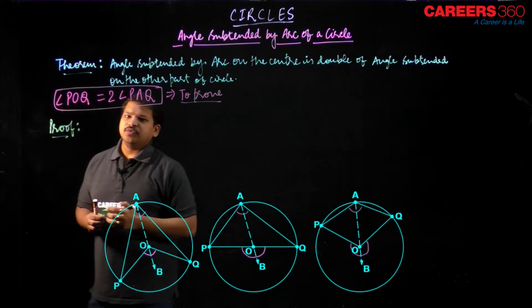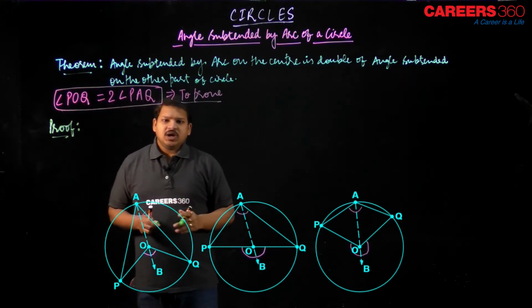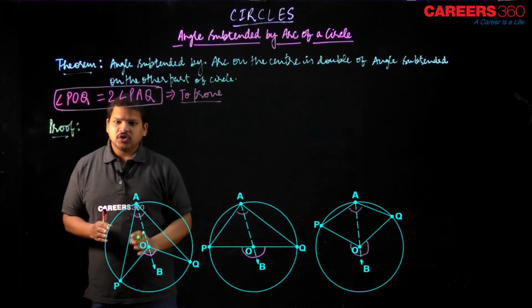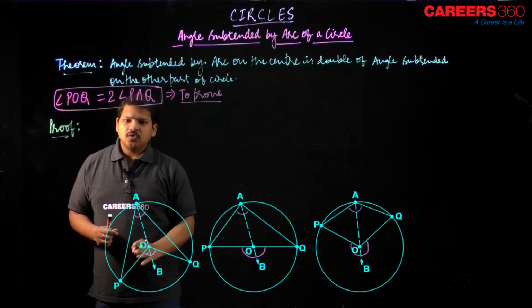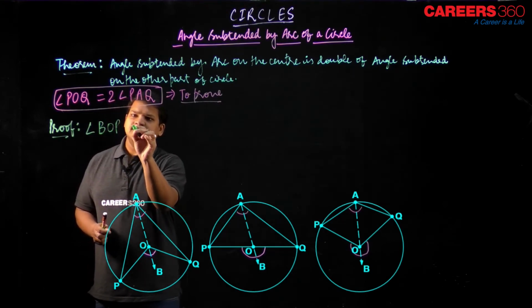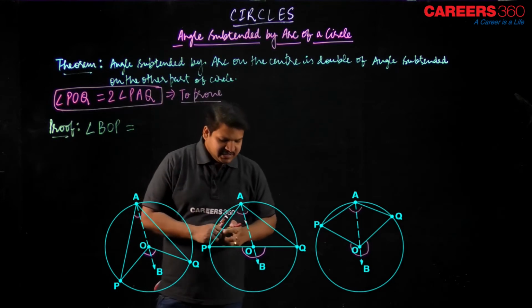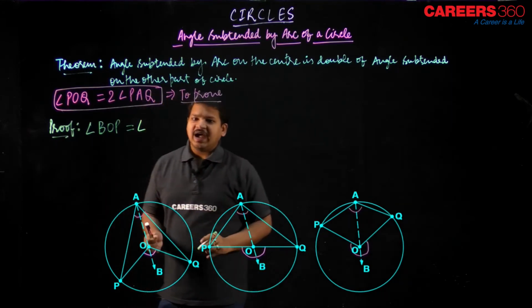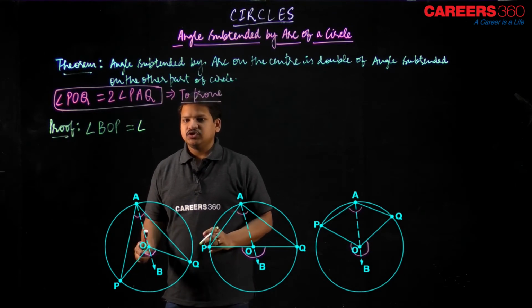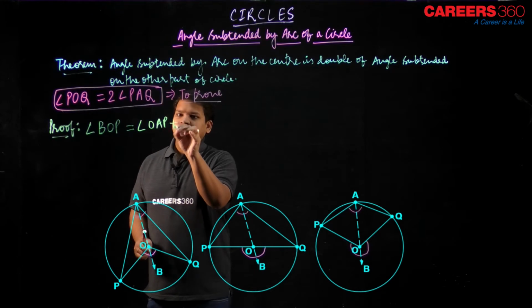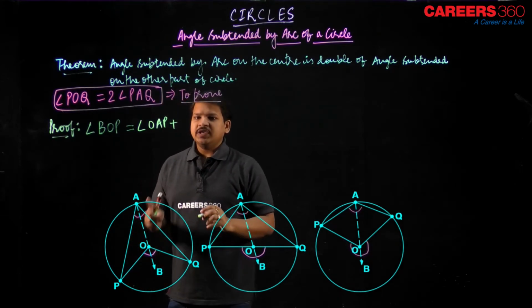In order to prove this, I am going to analyze the smaller triangle firstly. If I talk about angle BOP, this angle would be equal to angle OAP plus angle OPA.